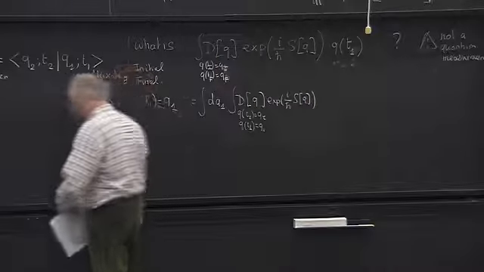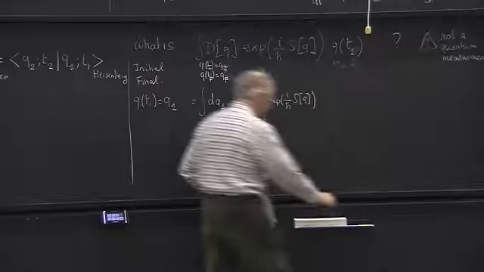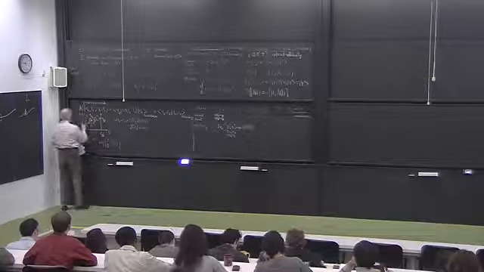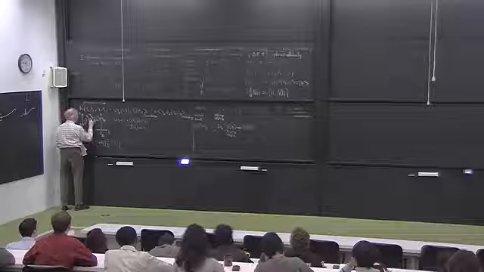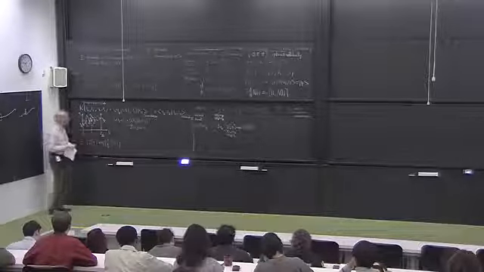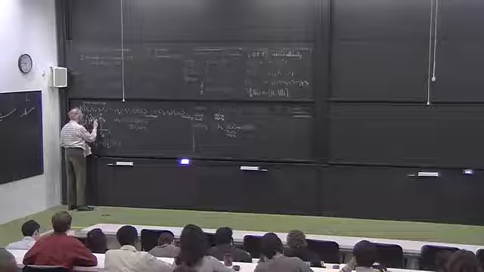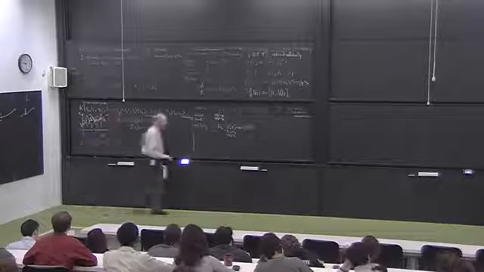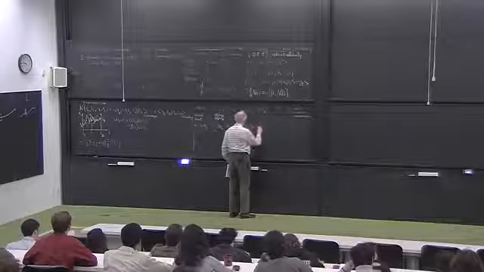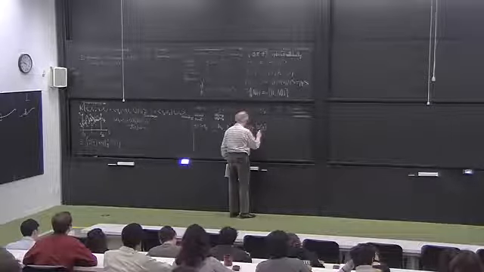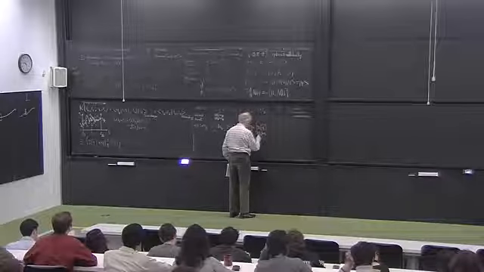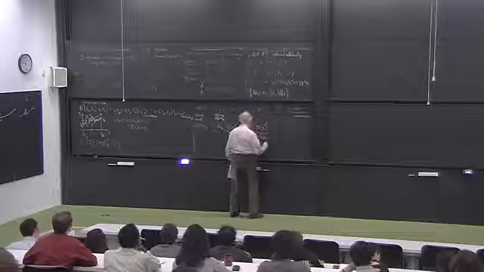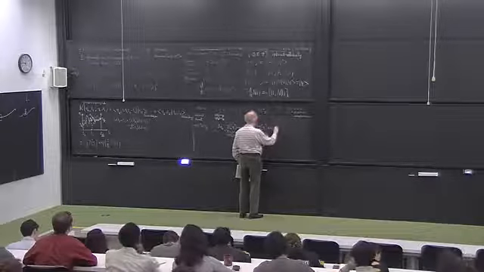But S of q for this first part of a trajectory, and then I sum over the second part. So I write times the integral over dq from q at time t1 equal q1 to q at time t final equal q final of the same phase factor.